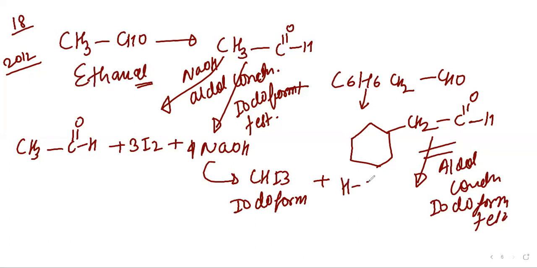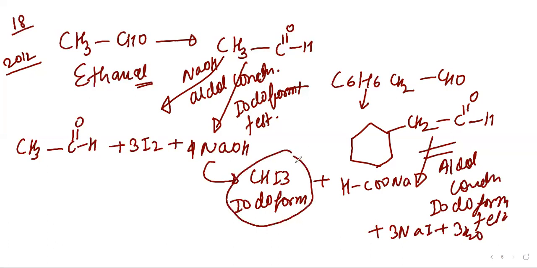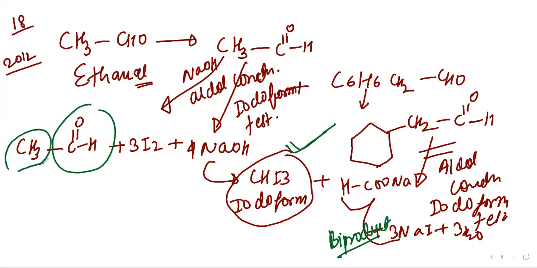And the next one is CH3COONa, and 3NaI and 3H2O. Right. So the main compound is this one, and these three are byproducts. No need to write the byproducts. So you have to just write down iodoform. For the iodoform test, the compound should be an aldehyde with a CH3 group. So this reaction is called the iodoform reaction.